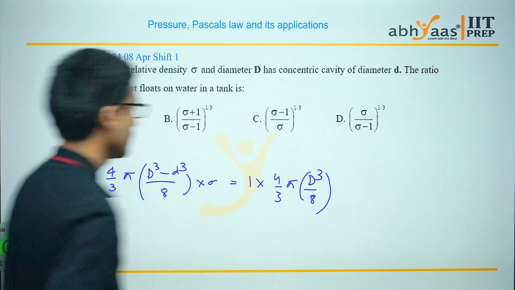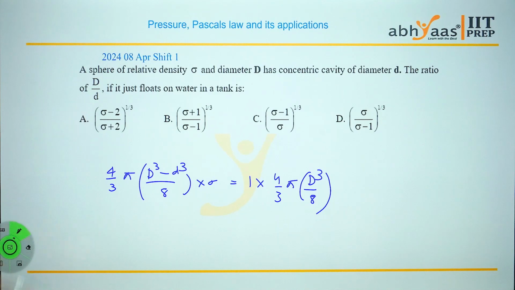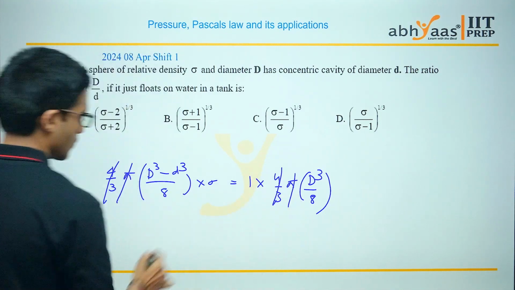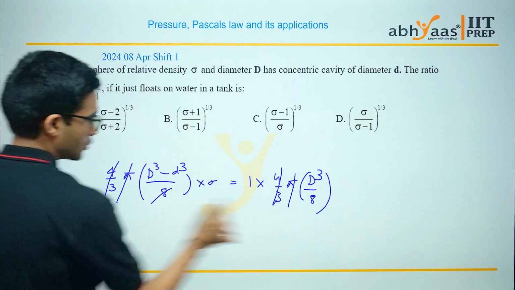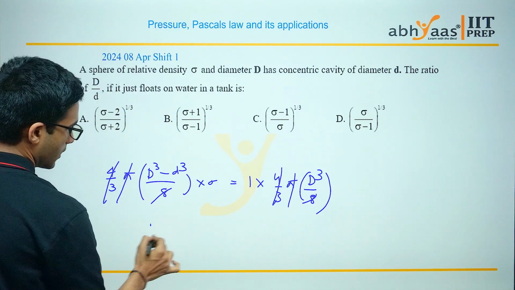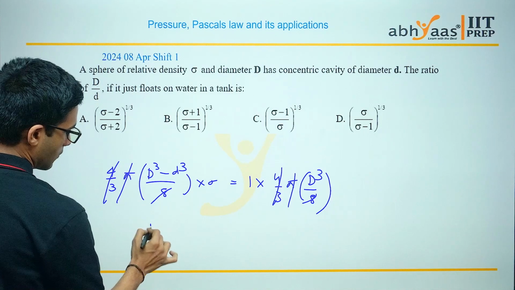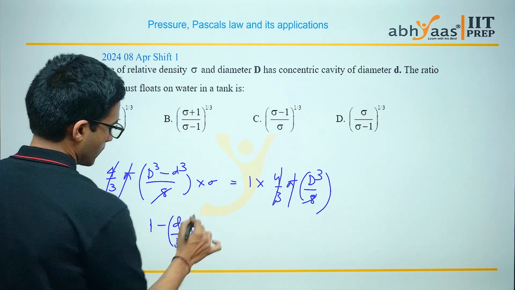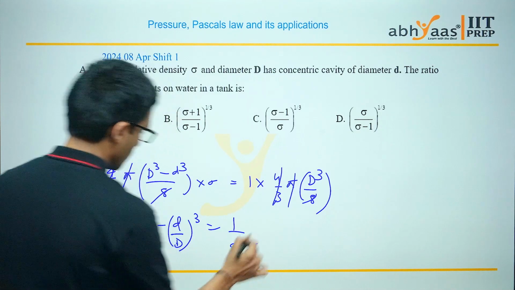So what we need to calculate is the d by D ratio. 4 by 3 pi is cancelled, 8 also cancelled. If you bring this D cube downside, then what happened: 1 minus (d by D) whole cube is equal to 1 by sigma.